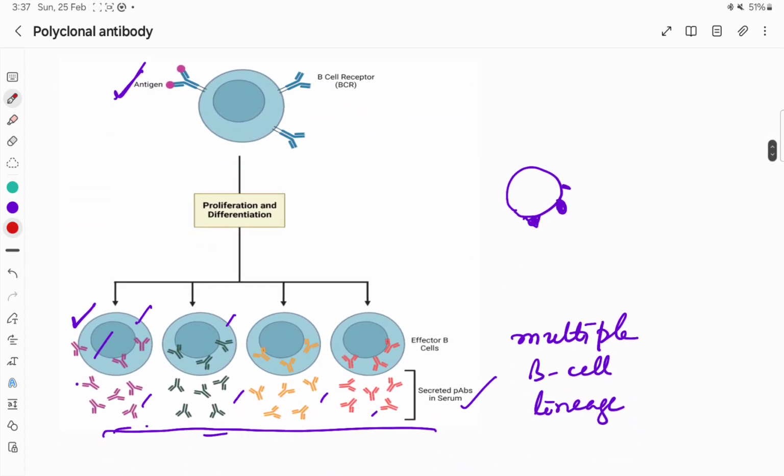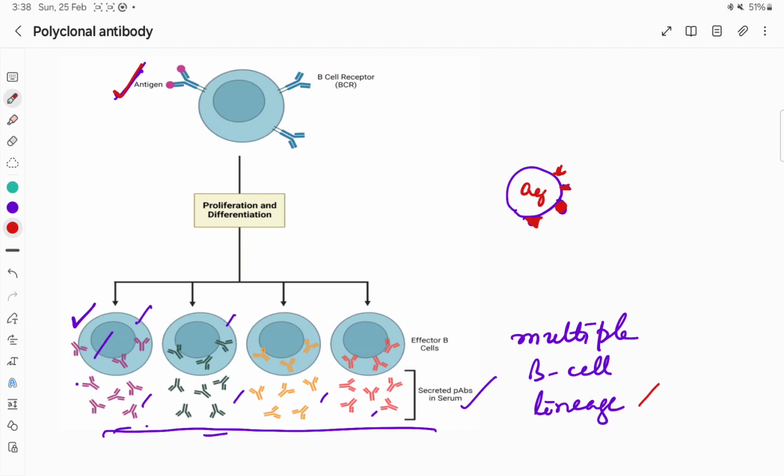Okay, so now I think it's clear. In response to one antigen, because we have multiple B cell lineages, each B cell lineage produces a specific antibody which can target a specific epitope. Suppose different epitopes are there. We will have a mixture of antibodies which can target different epitopes in the same antigen.